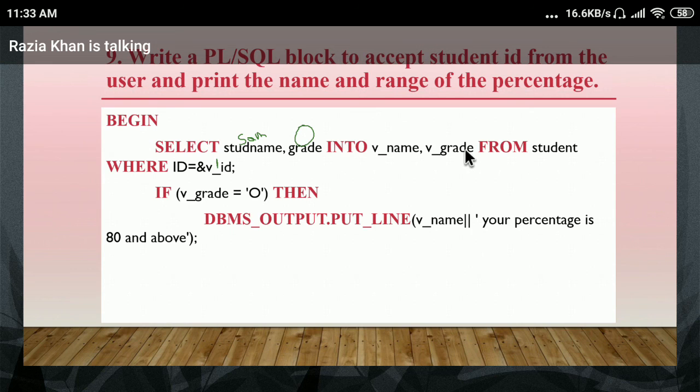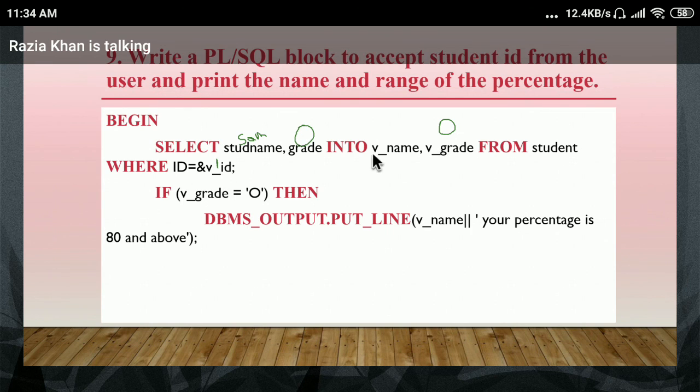After storing this, this statement will check this v grade. Whatever grade is stored in this variable, it will check. Currently your v grade stores the O value because the user entered one as the ID, and Sam and O are the student details whose ID is one.